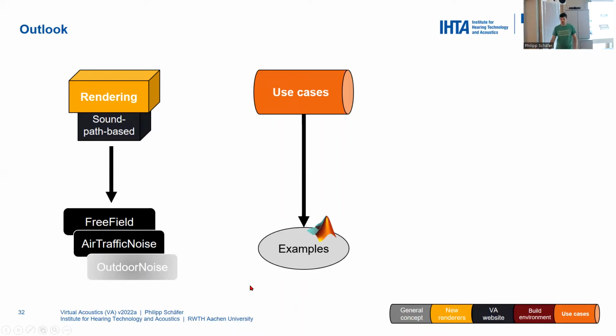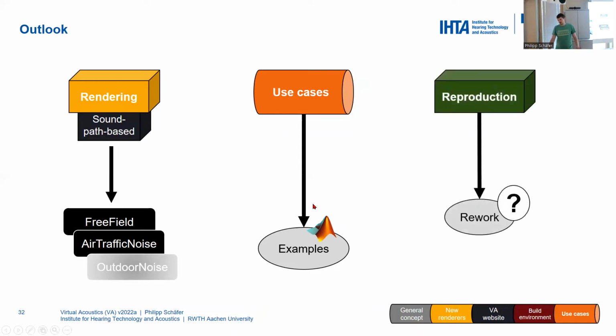We want to create some MATLAB examples that are easily run on a computer, which are very simplified and might be a good starting point if you want to do more complex things besides just a free field rendering. And finally, but I want to put a very big question mark on that, maybe at some point we might also rework the reproduction modules. Similar to what happened to the rendering modules, there might be some rework there, but like I said, for now, a big question mark regarding this.